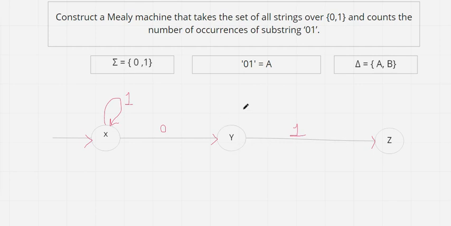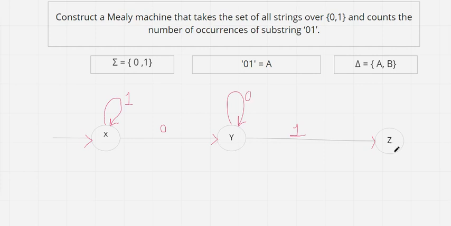If I take a self loop over here for 0, it won't affect anything, because it will still be 01 only. So I can take a self loop over here, and this self loop will be named as the 0 transition. Now I'm done with the Y state.